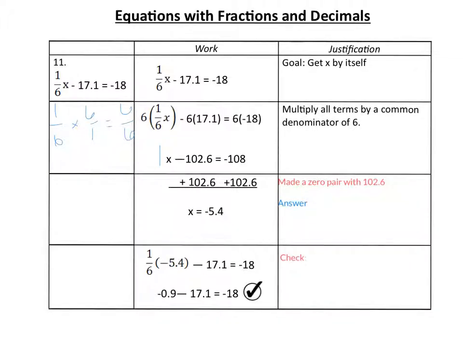And then when we check using PEMDAS, we are able to go back to the 1/6x minus 17.1. In this case, you're going to have to do some real thought on the multiplying, but feel free to use that calculator if you need to, or you can make the negative 5.4 into an improper fraction, and from there, follow through with checking it.